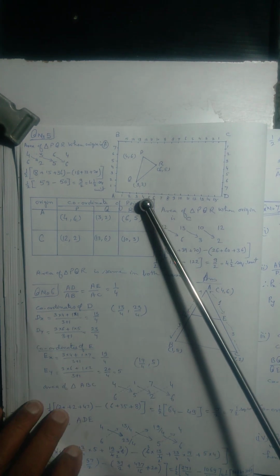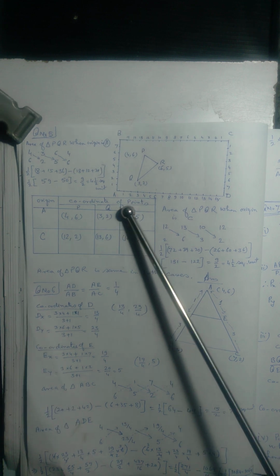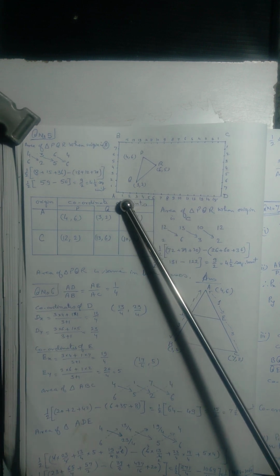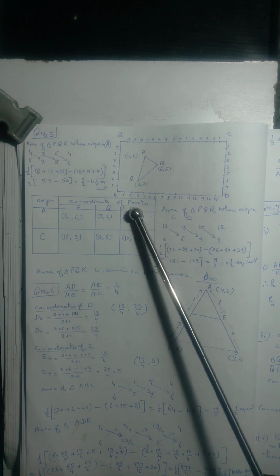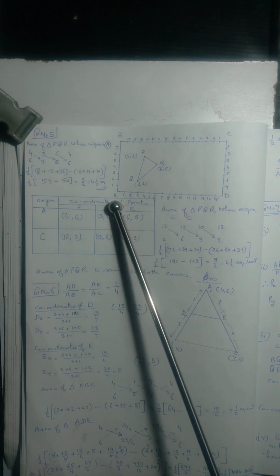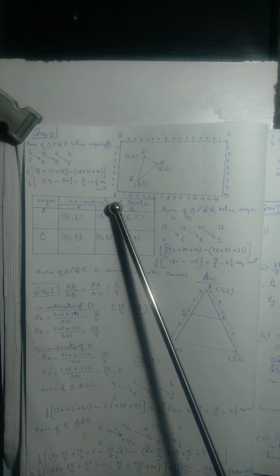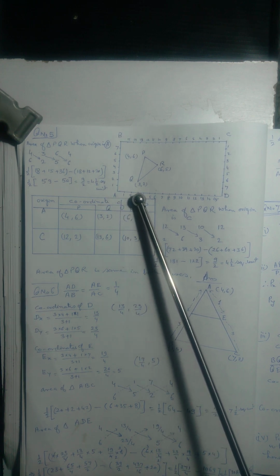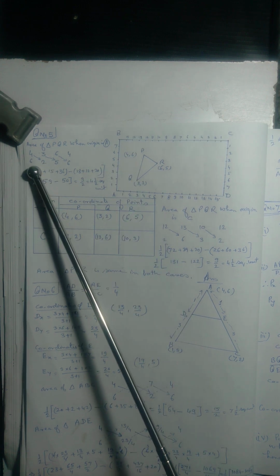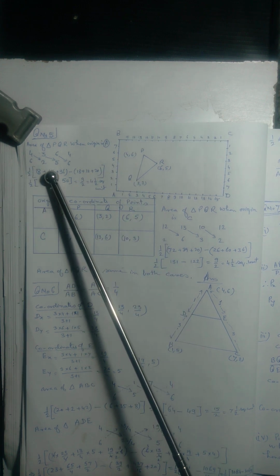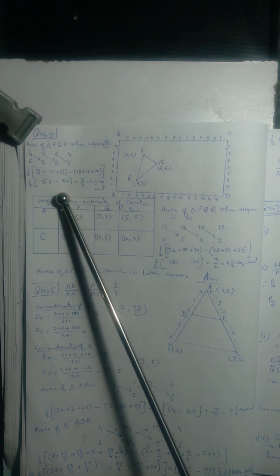There is a rectangular park. In between there is a grass plot of triangular shape. The points with respect to A as the origin are given as 4, 6; 3, 2; 6, 5. You see, I have written here 4, 6, 3, 2, 6, 5, 4, 6.